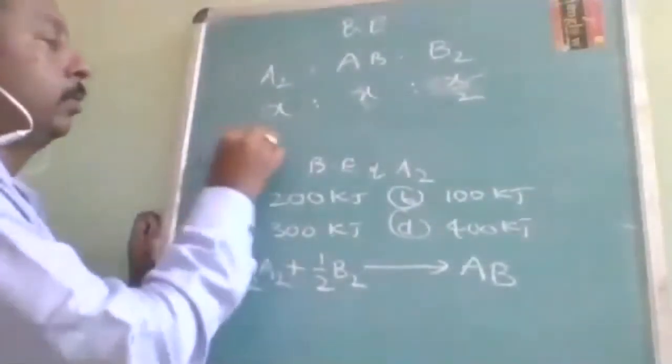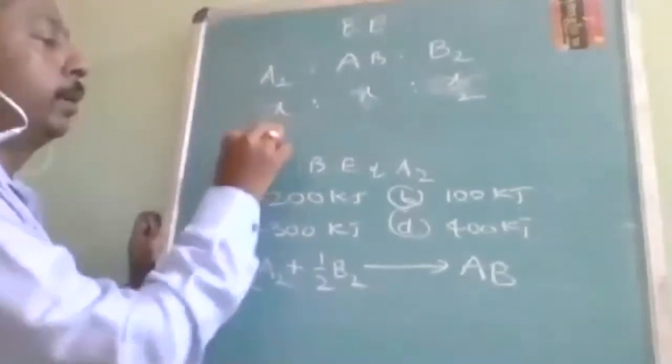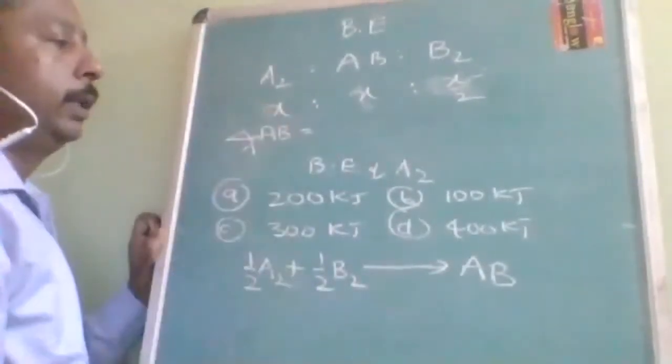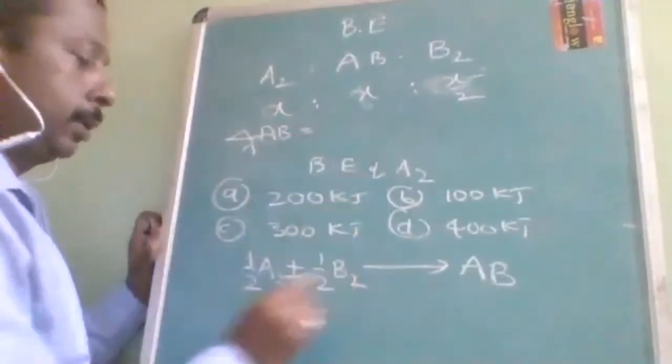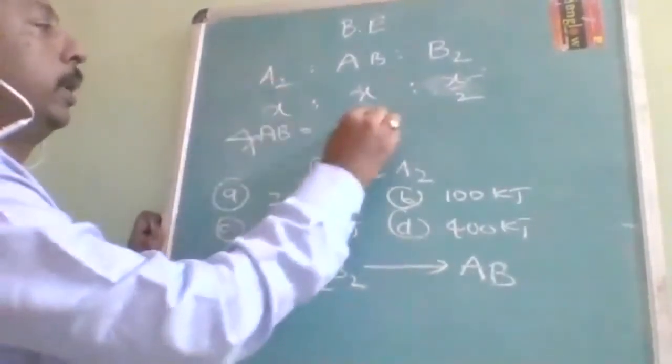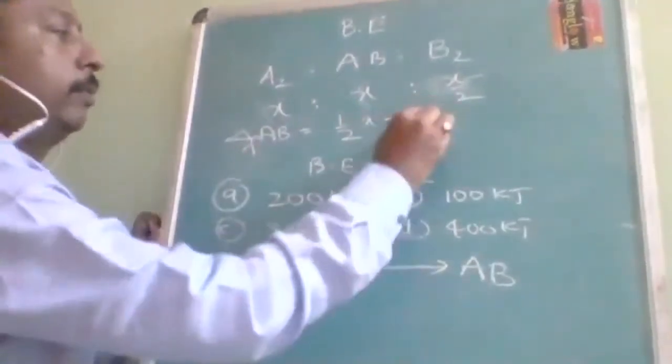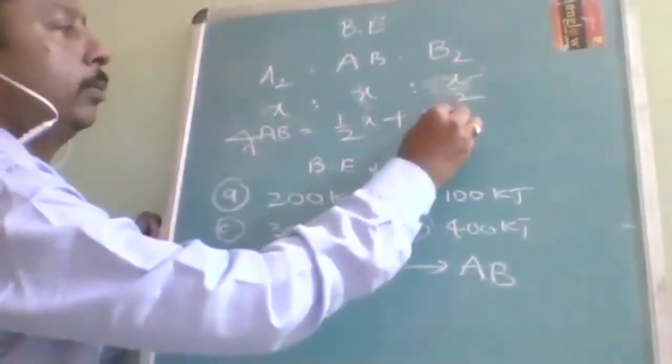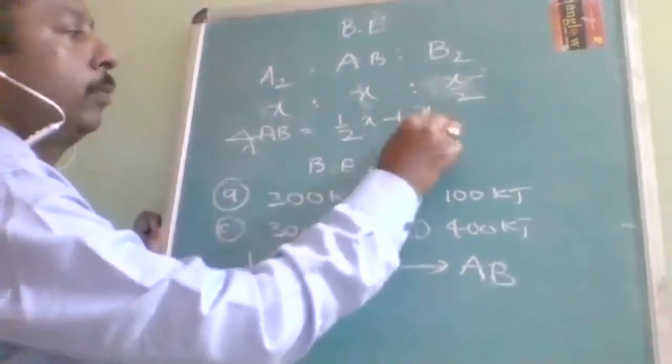So the enthalpy of formation of AB is equal to half into the bond energy of A2, that is x, plus half into the bond energy of B2, so that is x by 4.